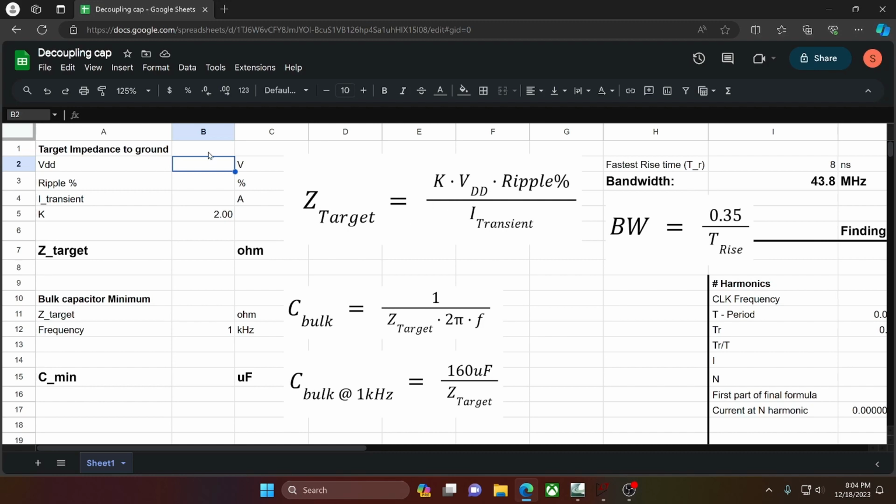So, VDD, so just an example, we're just going to use 5. Ripple percentage, I've seen 3 and 5 be used, percent. 1%, yeah, I've seen that too. I think 10% could work in this case, because it's only 0.5 volts. That's not going to change. It's a digital signal.